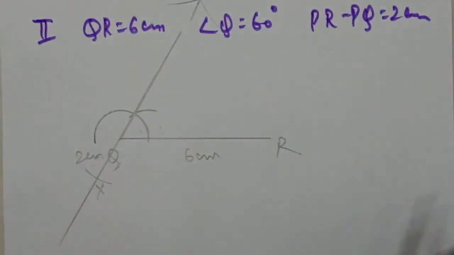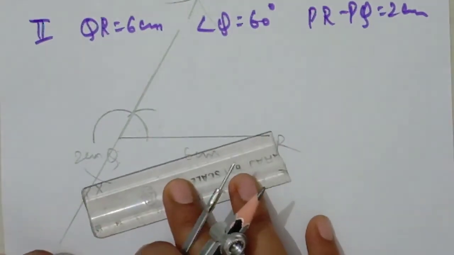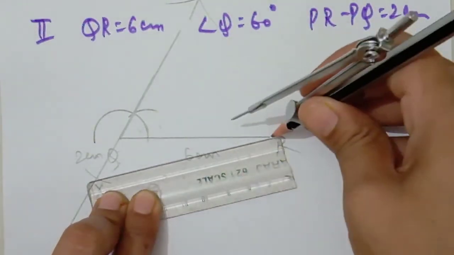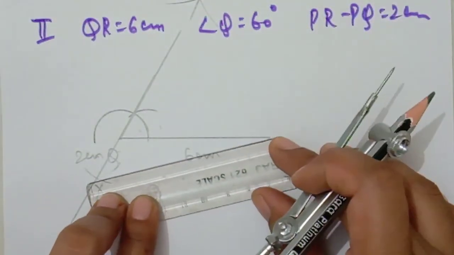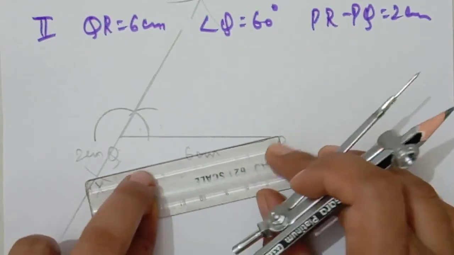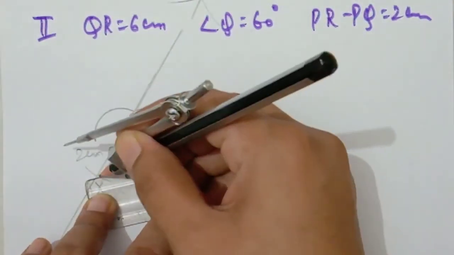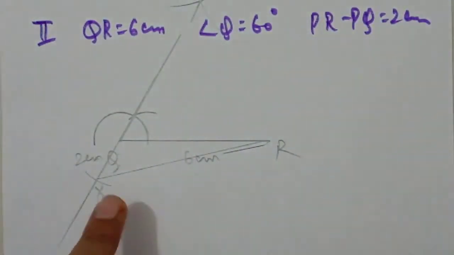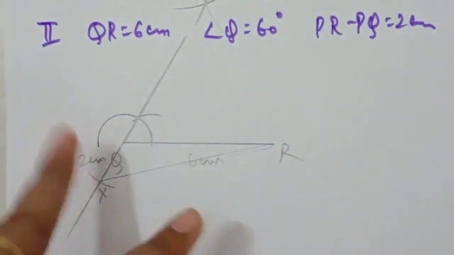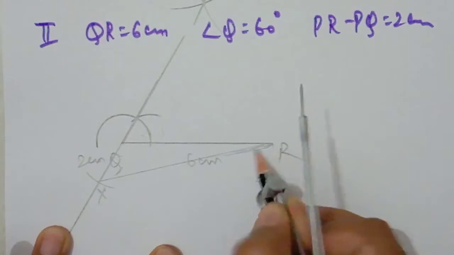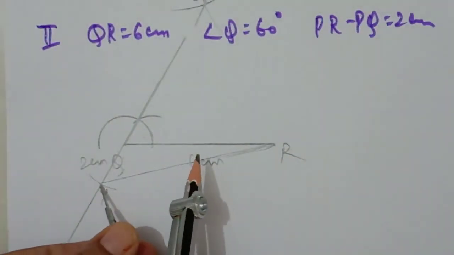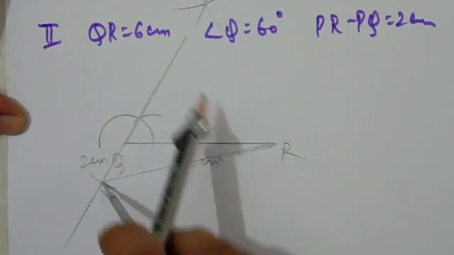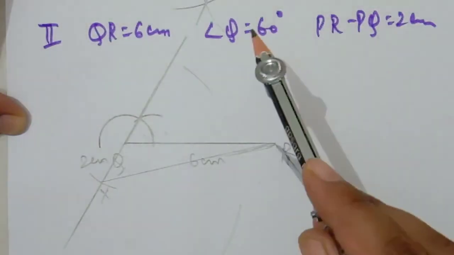Now the step is the same. We have to join the second vertex of the base to the new point. So this is our line, and now we will bisect it. We have to draw the bisector of this new line, which we already did in the previous 3 questions also. We have to open our compass more than half and draw the 2 arcs like this.